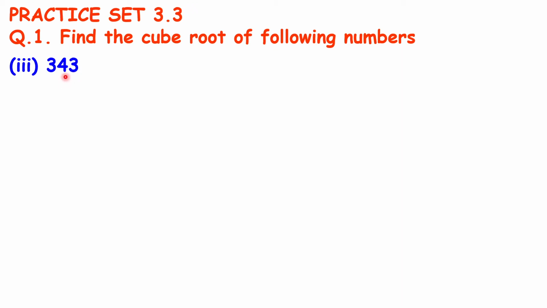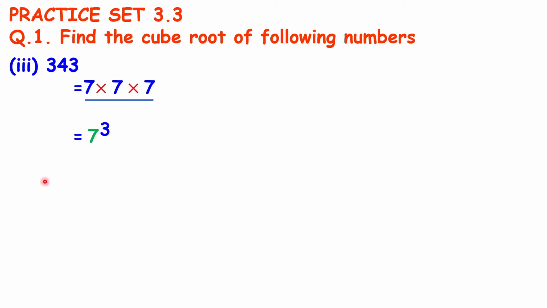So 343 is not divisible by 2. If we find the factors of 343, the factors are 7 into 7 into 7. 7 into 7 into 7 is nothing but 7 cube. So 343 is the cube of 7.